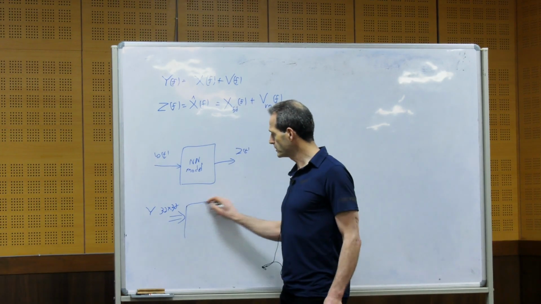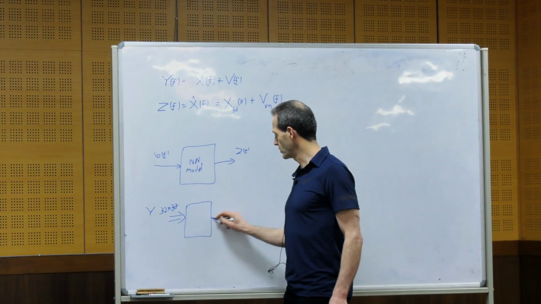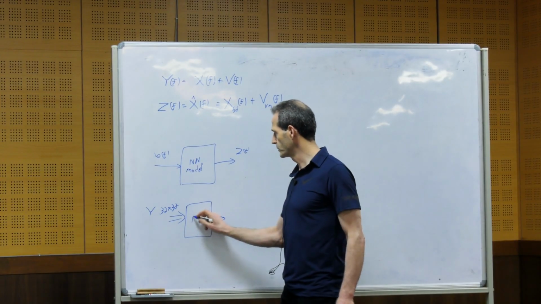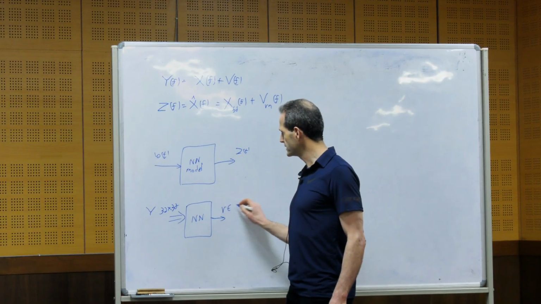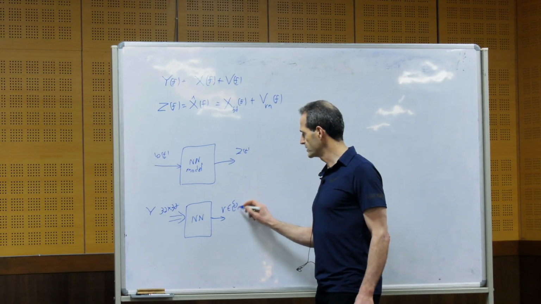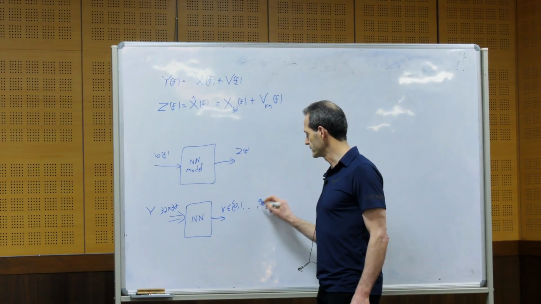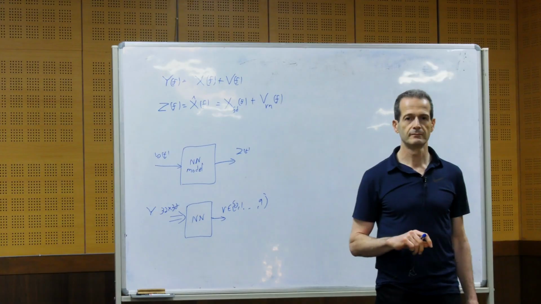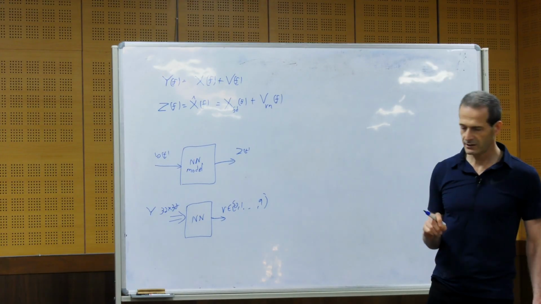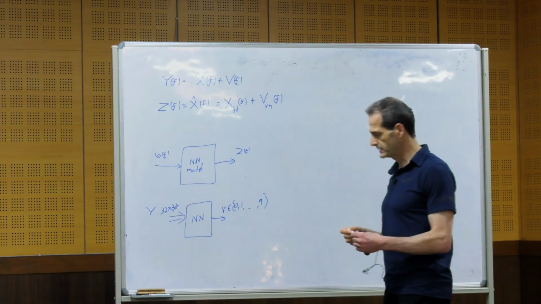And the output, this will be a neural network. And the output will be R, which is 0, 1, 2, up to 9. So we need to know what is the digit for handwritten digits.